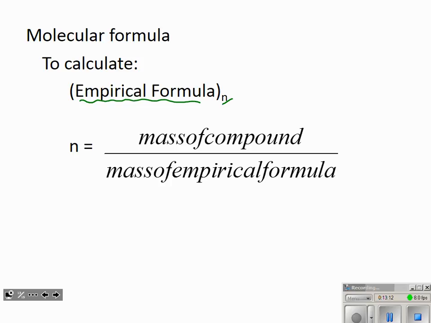And we can calculate n by taking the mass of the compound. Typically, they'll say the true molar mass of the compound is this, and we'll divide that by the mass of the empirical formula. And then, of course, we're going to round the number that we get here to a whole number, and then we'll multiply it to our empirical formula.